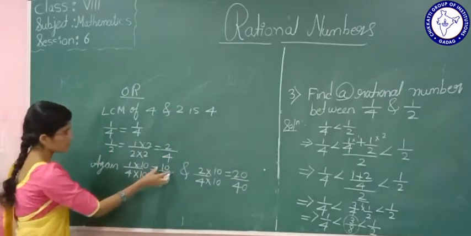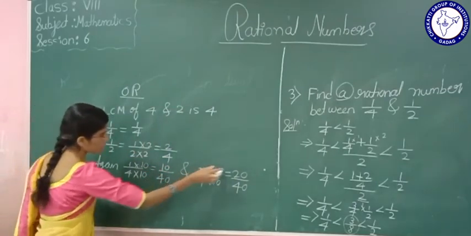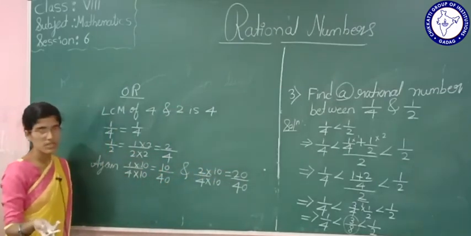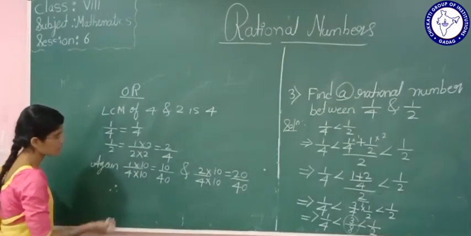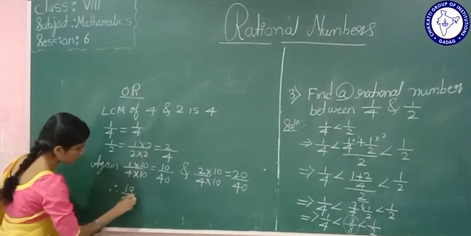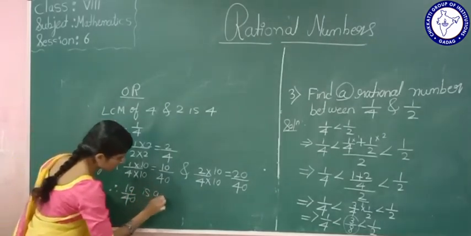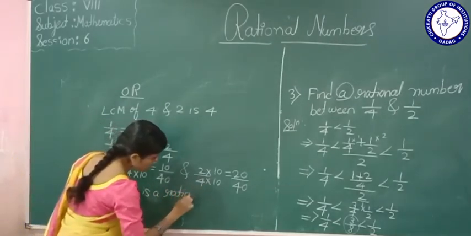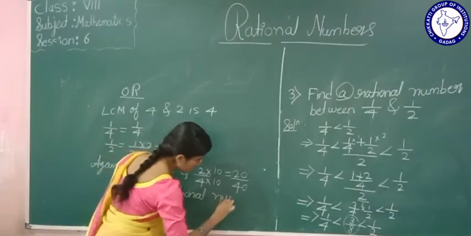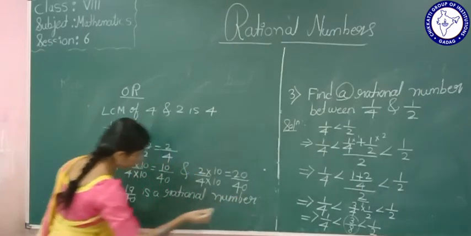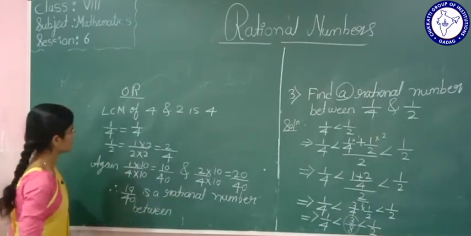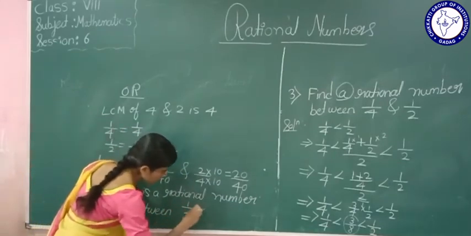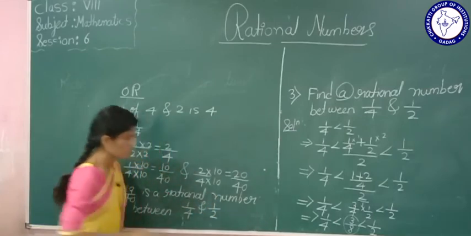Now between 10 by 40 and 20 by 40, so many rational numbers are there. You write any one rational number. Therefore, 19 by 40 is a rational number between 1 by 4 and 1 by 2.